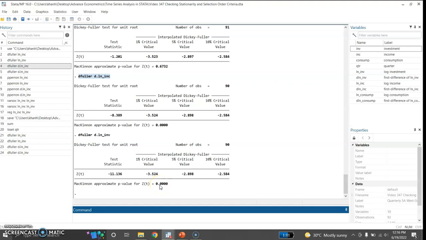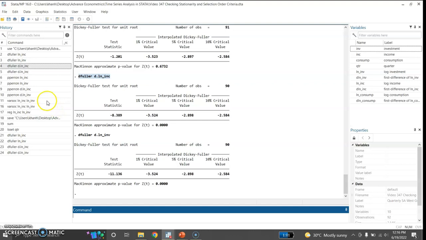So it means when we checked the stationarity of the log of income and log of investment in its level, both of the series were non-stationary, they had unit root. But when we checked its stationarity by taking the first difference, then both, that is the first difference of the log of income and the first difference of the log of investment, both became stationary.